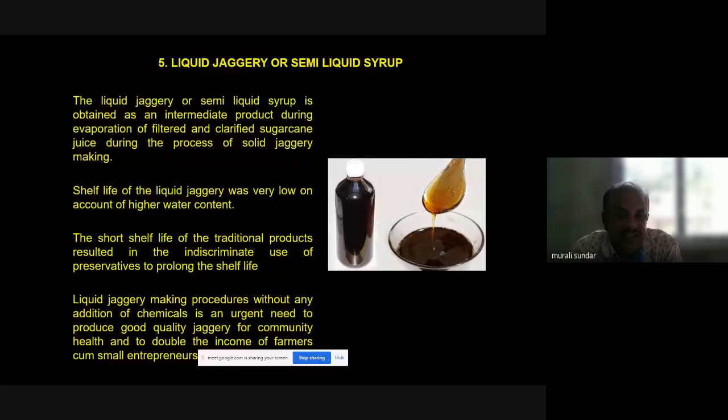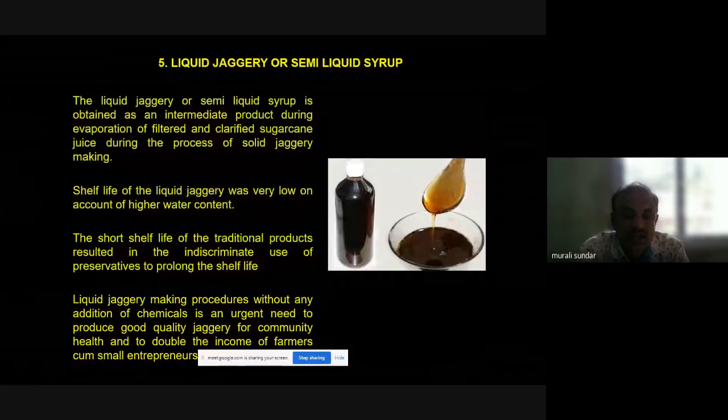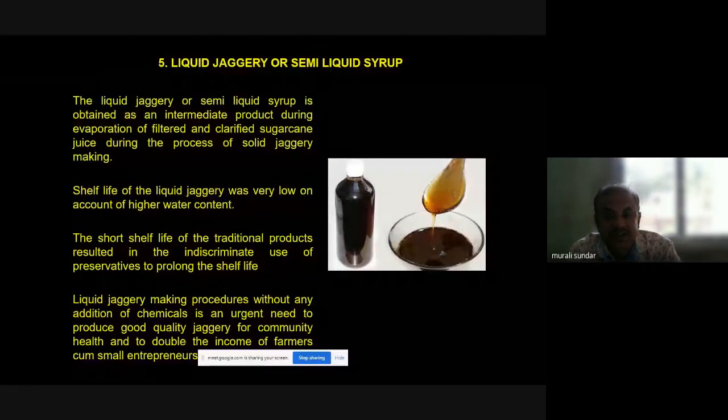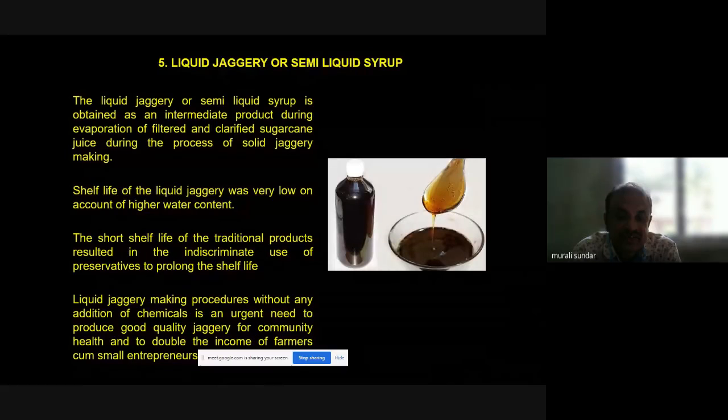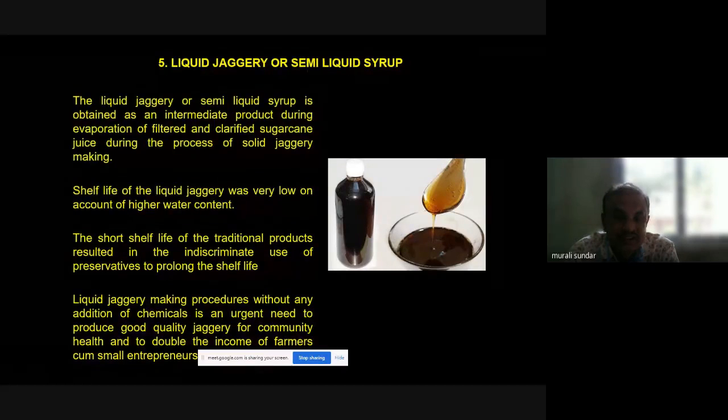So due to the short shelf life of the traditional product, it is not quite popular among Indian consumers in the Indian market, but it is quite used in the Western market because their climate also favors liquid jaggery preservation. And to avoid this fungal growth, a lot of chemicals or preservatives are used to prolong the shelf life. Definitely, it is not good for health.